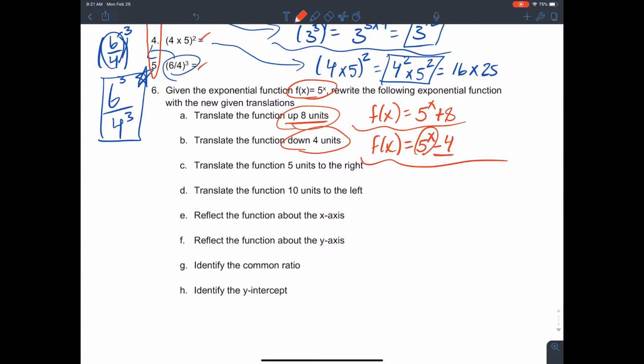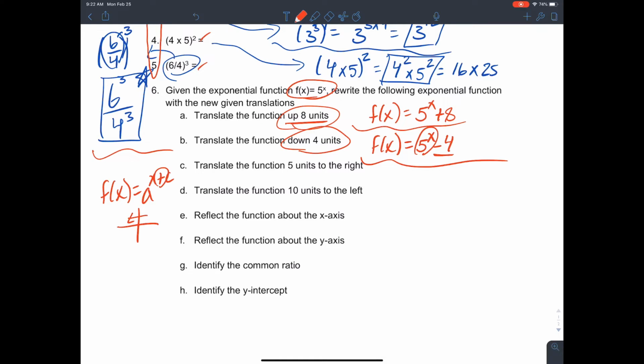Translate the function 5 units to the right and 10 units to the left. Now a little side note. The way these are going to work is like this. Let's say you're given a function f of x equals a to the x plus some number c. When you're adding some number c, it's going to shift your function to the negative side. So think opposites.